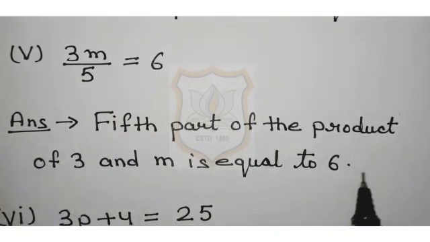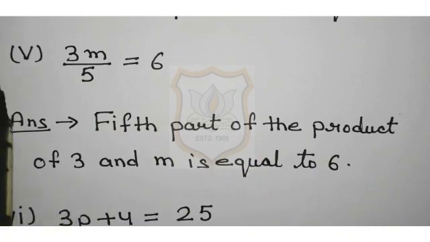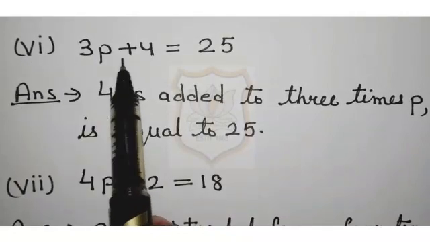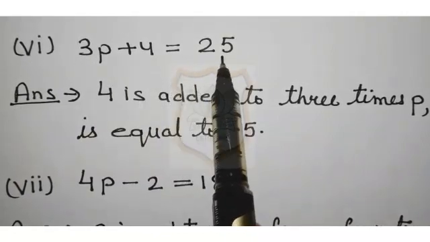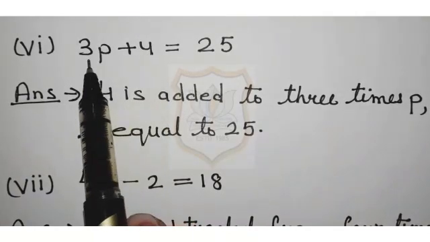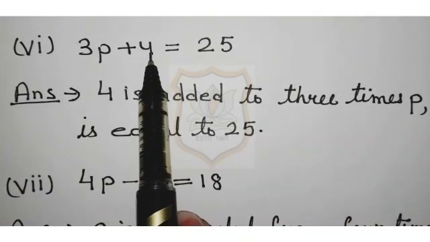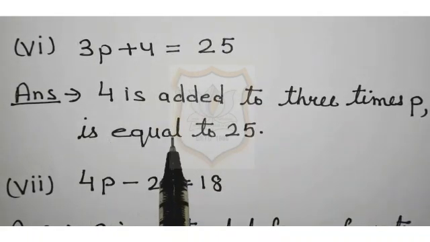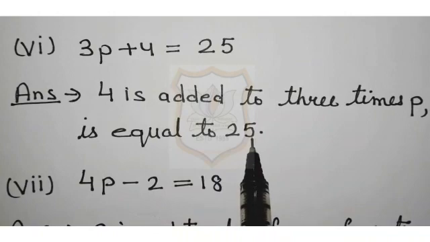In this way you have to write the answer of the fifth part of question 5. Now let's solve the sixth part, that is 3p plus 4 is equal to 25. It means 4 is added to 3 times p is equal to 25.